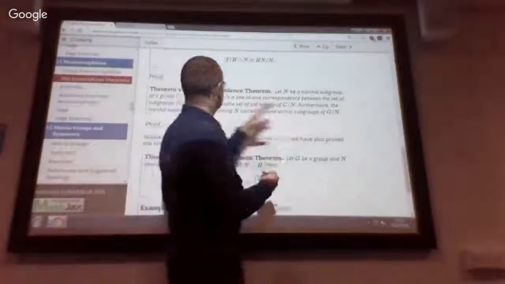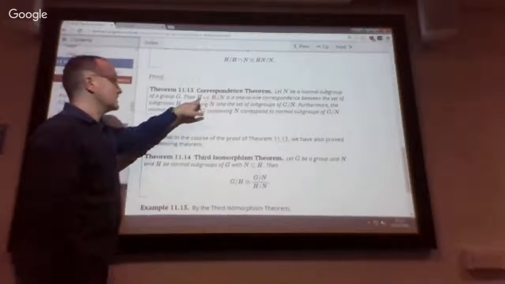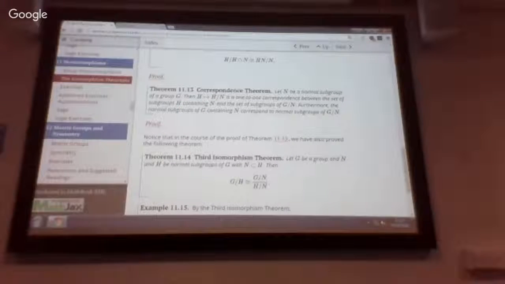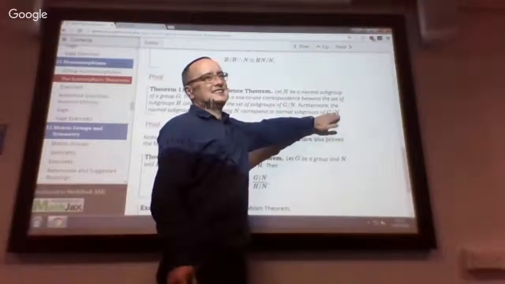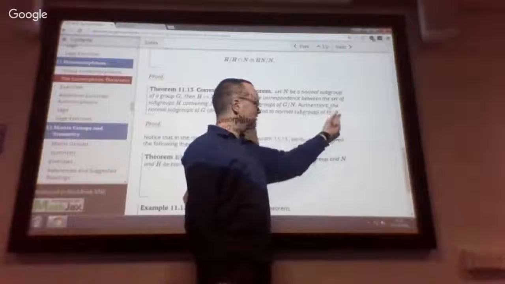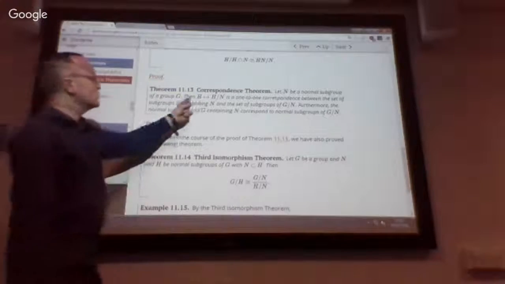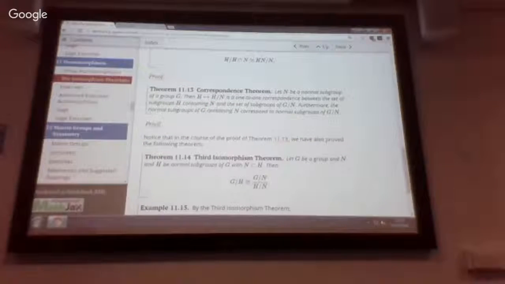G mod N is your simplified view of G, and the subgroups of G mod N themselves come from simplifying subgroups of the original group G that contain N. And then there's this extra correspondence, which is really nice, a hierarchy of constructions: normal subgroups of the factor group come about under this association from subgroups H that are normal in G. But it's just so that everything maps around really nicely.